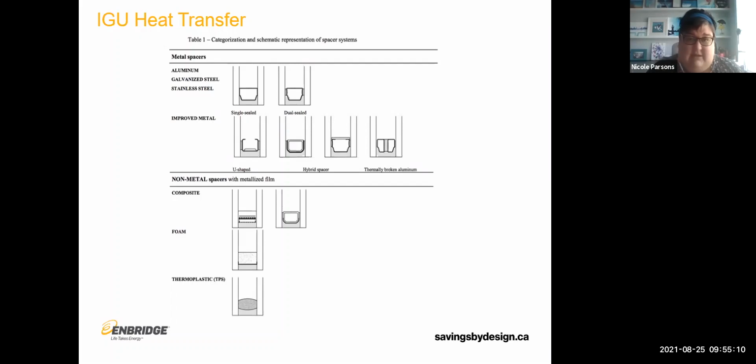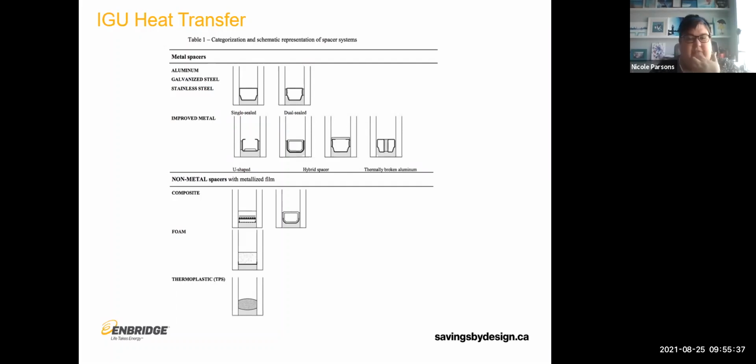It is the worst to use from an energy performance standpoint in controlling heat loss. Stainless steel is less conductive than aluminum, and we do still run into these stainless steel spacers, and there are situations where they are perfectly adequate and suitable.